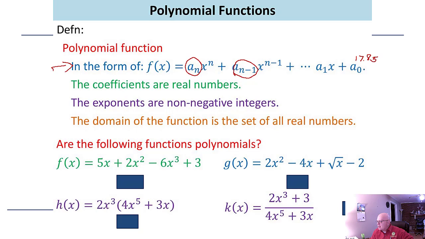All these a's are just numbers that you already know if someone gives you the polynomial function. They're all real numbers. The exponents, notice they're integers, and they're non-negative. Non-negatives, excuse me, you can't have negatives. Zero is legal for the exponents.